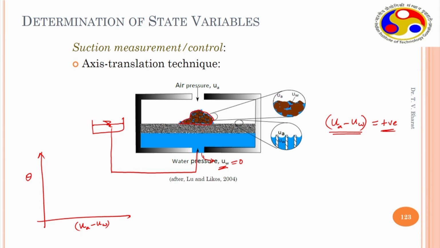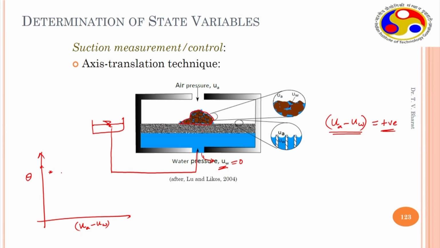For example, initially it has a certain water content, and then you have placed it inside, then you have increased a certain UA value and UW is 0, then 5 kilopascal of air pressure is applied, and the water content slightly decreases because some amount of water has come out.